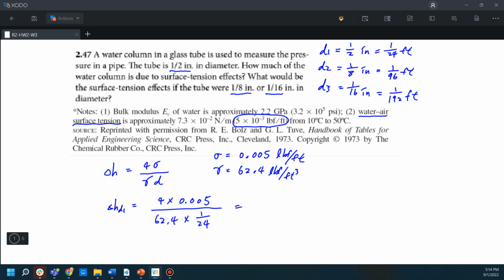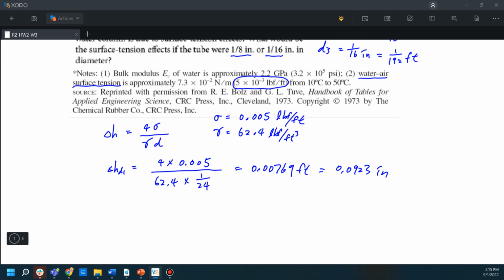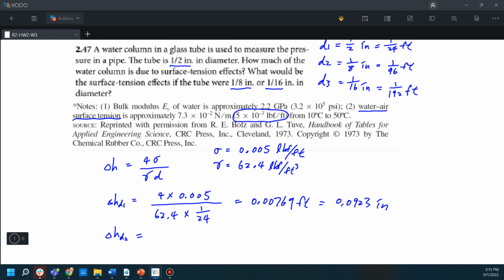So we will know that the delta H is equal to 0.00769 feet, and that is equal to 0.0923 inch. Okay, so we can use the same equation with a different D value to calculate delta H for D2, and I will not write the equation again. I will jump into the answer directly because you just need to change this D into D2 here.